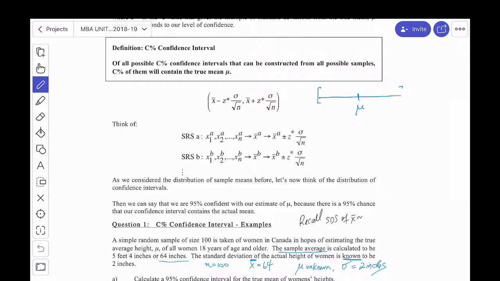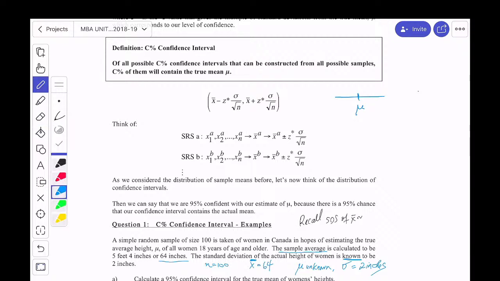This is an interval around the true mean. Let me make it smaller so that I can fit it. Let's say that was the interval around the true mean.